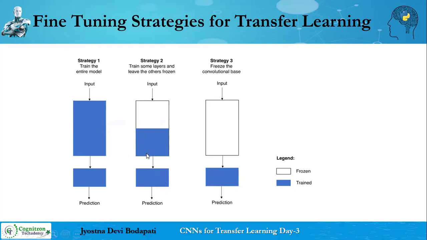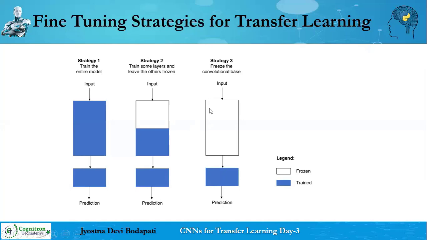It means you are allowing some of the layers of the convolution block to be frozen and the rest of the blocks to be trained. And of course, the fully connected layers, you are allowing them to train. And the third strategy is, you are not allowing any of the convolutional blocks to be trained. So it's completely frozen.